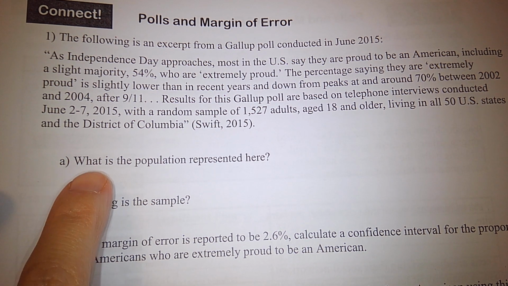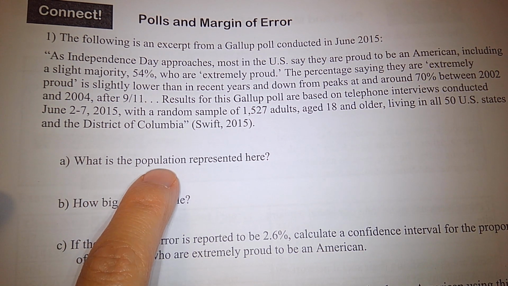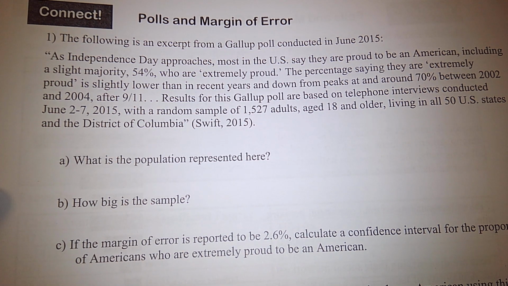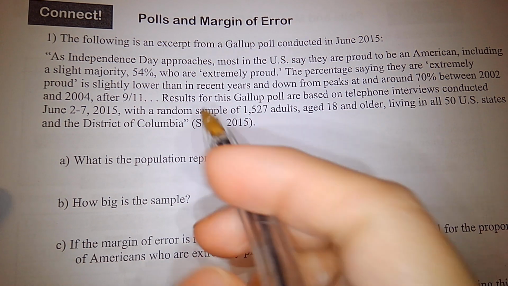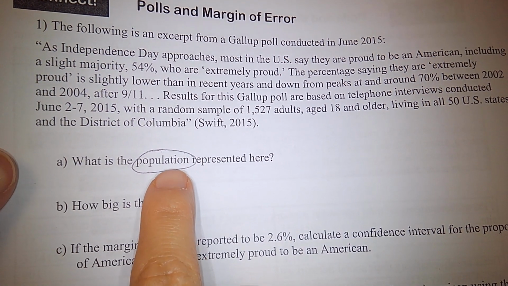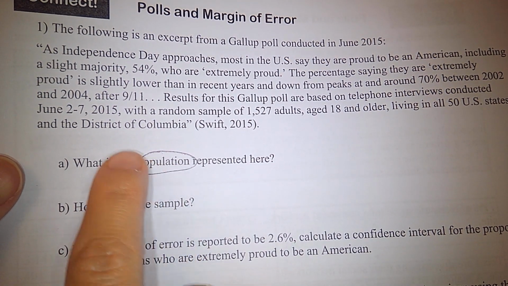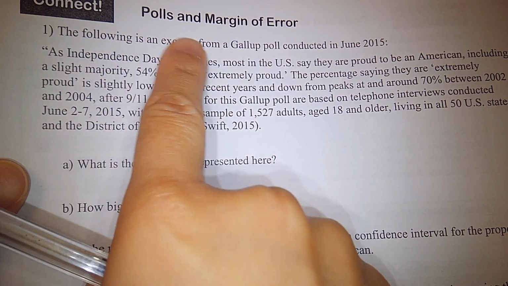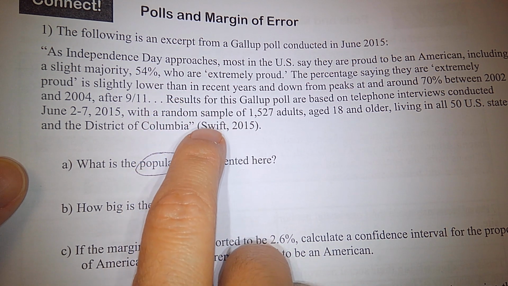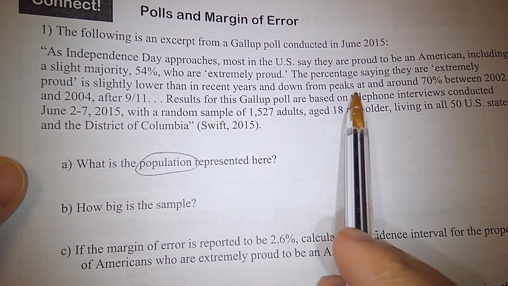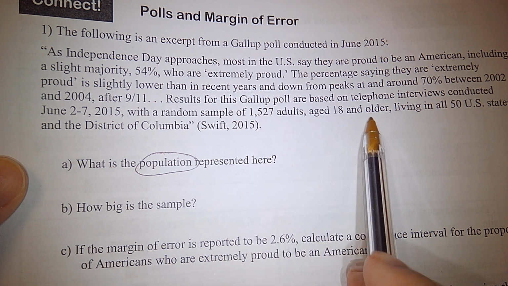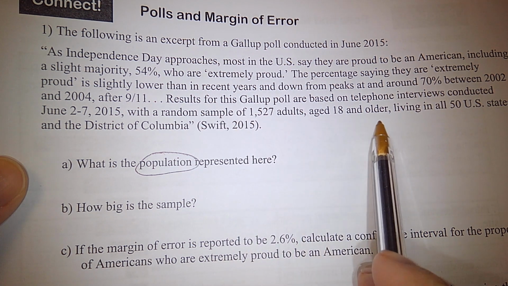Question A. What is the population represented here? When we talk about the population, we talk about everybody, right? All. Now in this survey, what does this all of the people refer to? Did they say somewhere? All of the Americans, what? 18 and above.